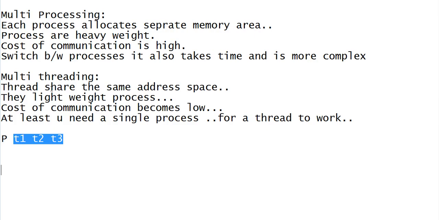Maybe you are able to write on the notepad, maybe you are able to write on Microsoft Word. You cannot write at the same time on both of the software. So at that time you can use two threads instead of two processes. This is the advantage of multi-threading over multiprocessing in order to perform multitasking.